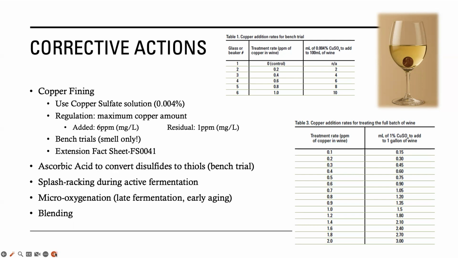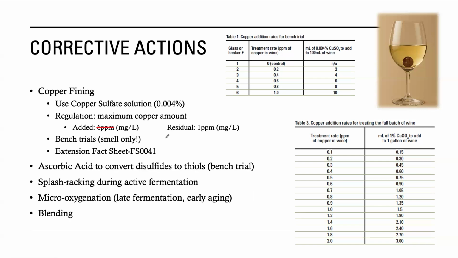and there's a very low amount that is allowed to be in wine. So the regulation says you can add up to 6 ppm, but the residual at the time of bottling needs to be at 1 ppm. So I would never, ever, in fact, I'm going to cross out never, ever, ever add 6 ppm.